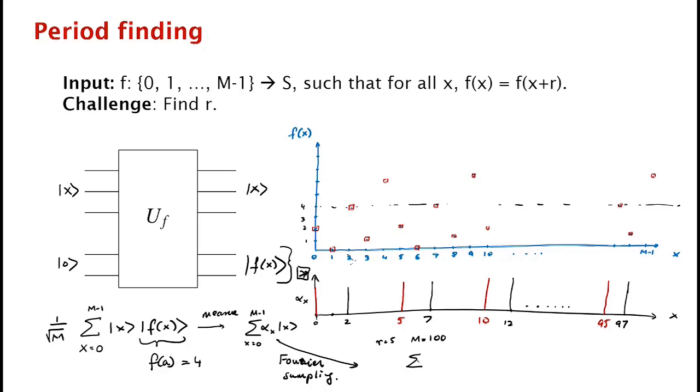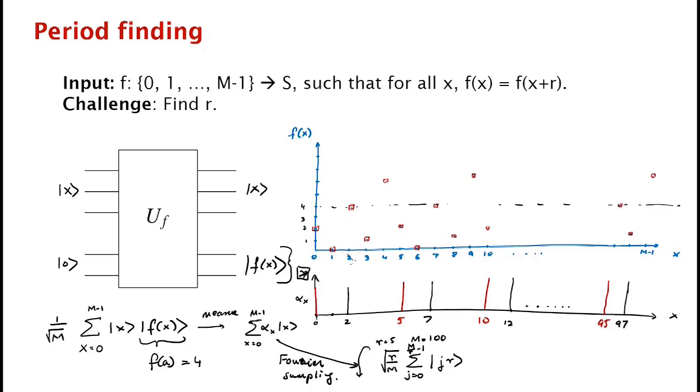It's a superposition over J going from 0 to M over R minus 1 of J times R. How many such non-zeros do we have? We have M over R of them, so the amplitude should be square root R over M. What we're saying is Fourier sampling this would give us exactly the same answer as Fourier sampling that.